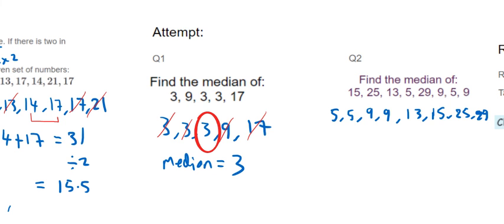If I cross these off, smallest one, biggest one, next smallest, next biggest, next smallest, next biggest, I've crossed off 3 on both sides, but there are two in the middle again. Because I get two in the middle, I'm going to add them together. 9 plus 13 would be 22, and then I'm going to divide that 22 by 2. That equals 11. So 11 is the median.